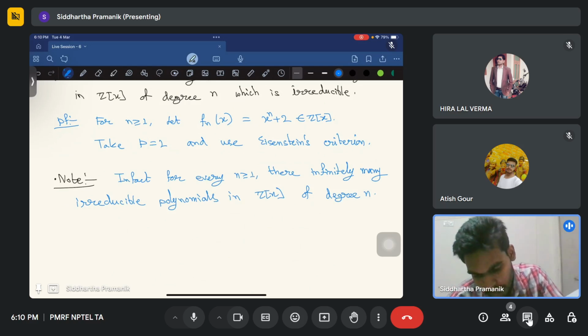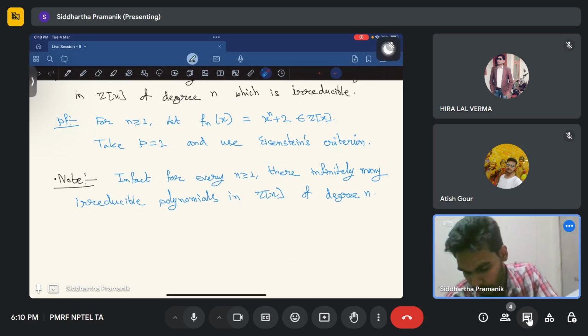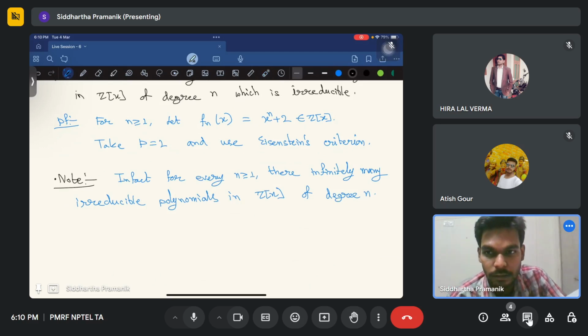So for each positive integer n, you can find infinitely many irreducible polynomials which have degree n. So can you see why this is the case?